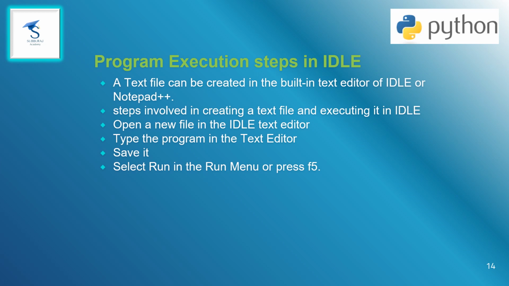What are the steps? Recall the steps. You create a text file. Don't use a Word file; a Word file will not work. Use a text file in the built-in editor of IDLE. So how do you do it? Open a new file, then type it, save it, then run it. You can also press F5, or run from the Run menu.